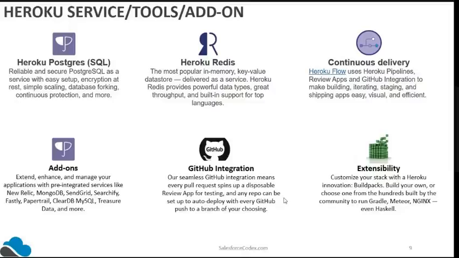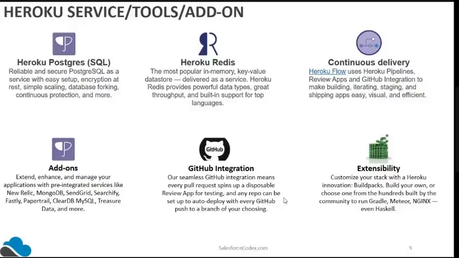Then we have Heroku Redis. If you have heard of Redis, this is a caching technology. If you want to store in-memory data, then we use the Redis platform. With Amazon and Flipkart, people are searching a lot of products. By default, when we search those products, they are stored somewhere so that when we query them, it gives you a result very fast.